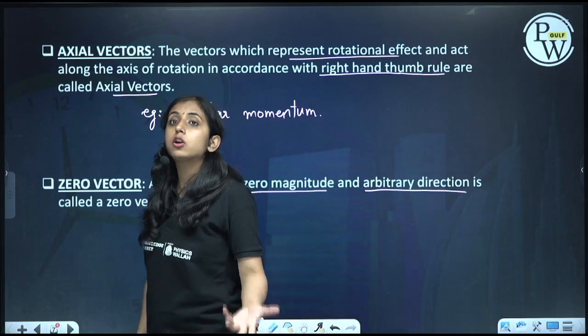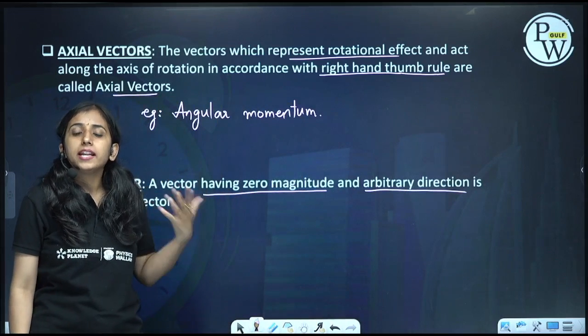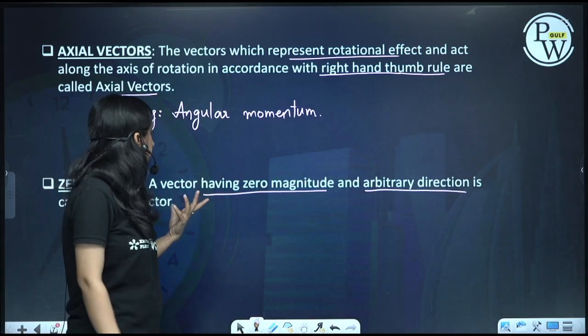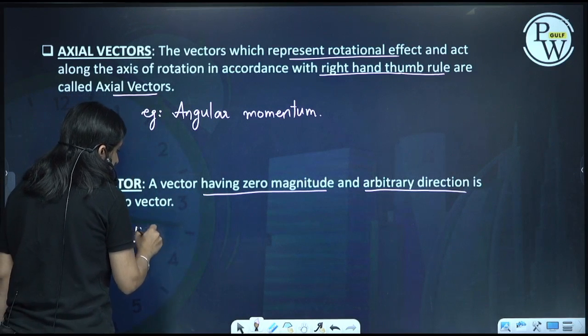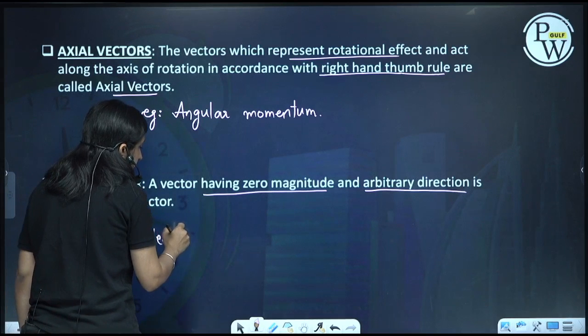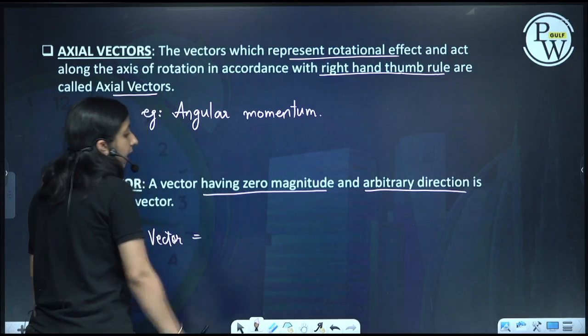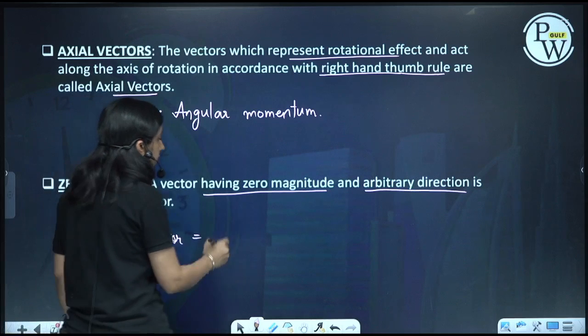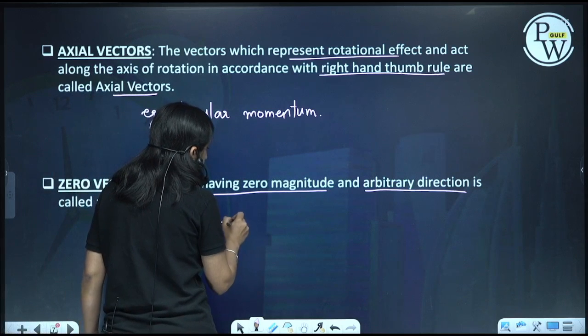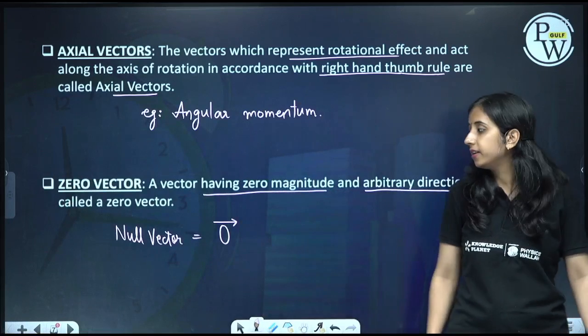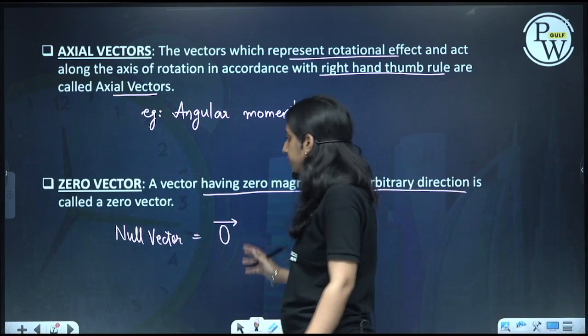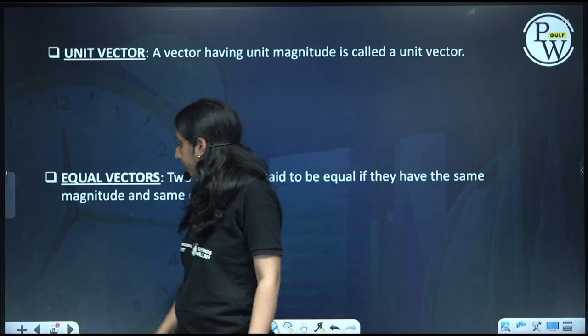So any vector whose length is 0 and has any arbitrary direction is called a zero vector. This is also called a null vector. Zero vector is also known as null vector. And how do we represent it? We represent it by 0 with an arrow over its head. This is how we represent a zero vector.